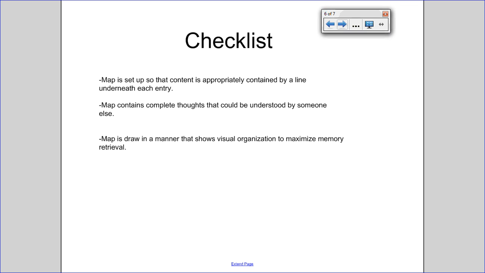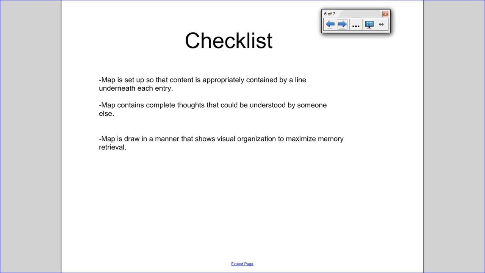But as always, we'll close by going over what our checklist is, because every single time you use your map until you are completely perfect, in which case you should probably be teaching this rather than me, you need to assess yourself, self-assess, figure out how you can get better at using the tool for its purpose.